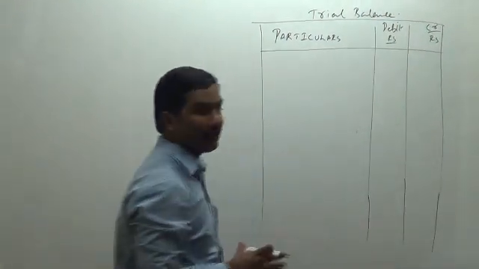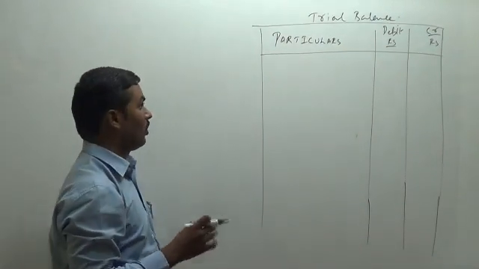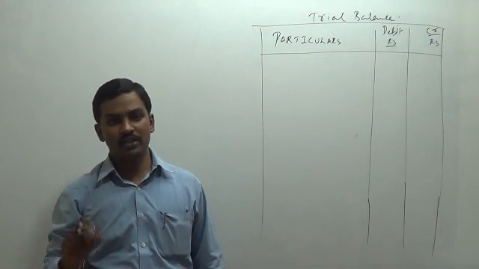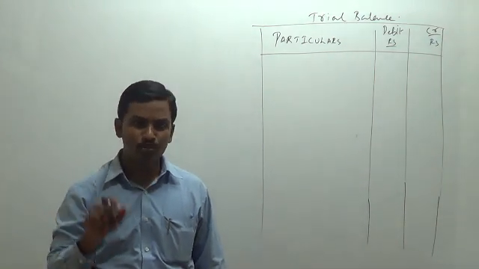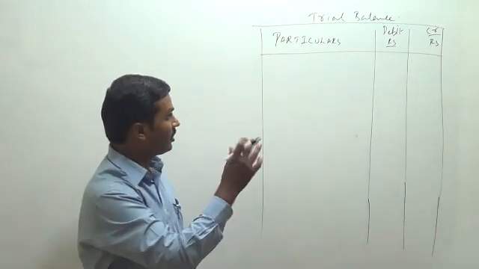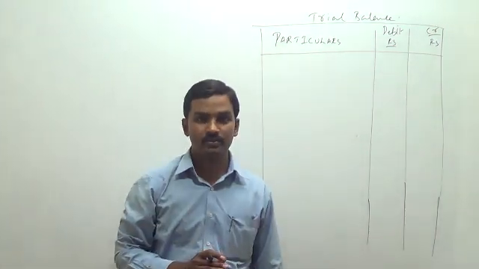This is called your trial balance. Now what I have to do is take up each ledger account individually, learn how to balance the ledger account, how to find the balance in the ledger account, and then learn how to show it in the trial balance.